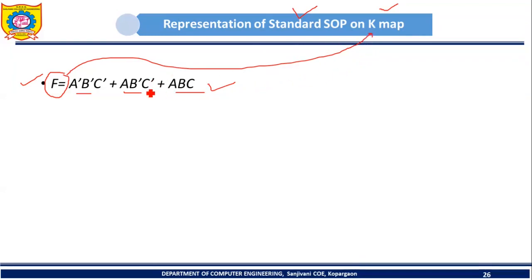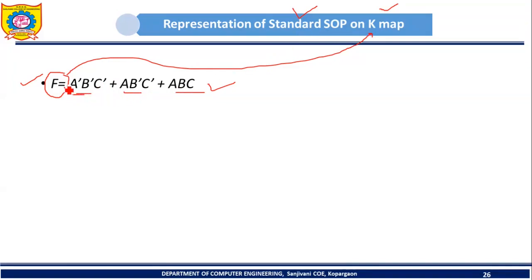Now, in order to represent this function on K-map, you must know min term and max term. We have seen some differences between min term and max term, so please remember them. Let us revise those differences. The first difference: min term is present in standard SOP, max term is present in standard POS.